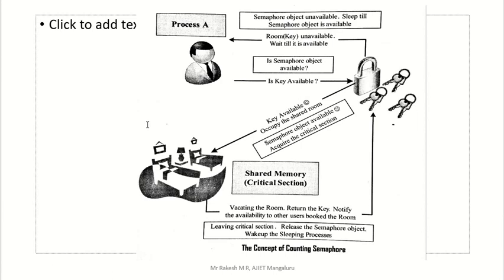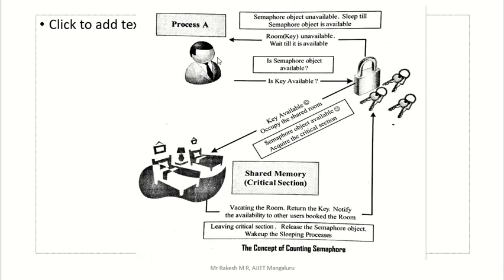If there are 4 persons, there is no place; there is a place for just 3 persons. Here we have a receptionist, who can allow only 3 persons inside the room. That receptionist is the semaphore, the integer. The receptionist gives keys to those 3 persons, only 3.